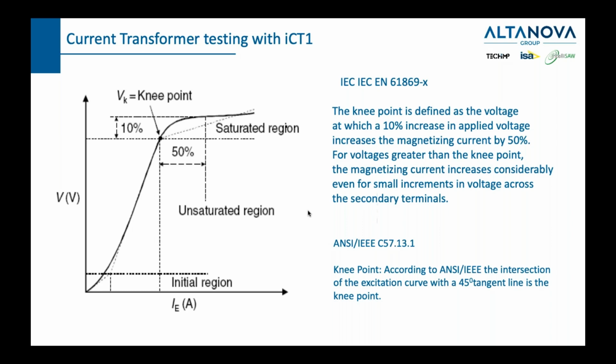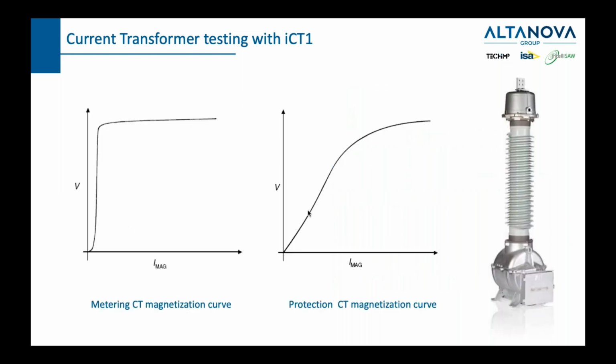So that's why today we will be talking a lot about this knee point, and this is the example of the knee point with the magnetization curve of a metering CT and the magnetization curve of a protective CT.